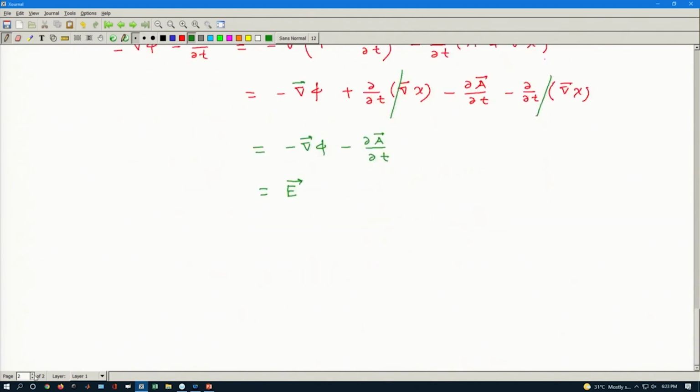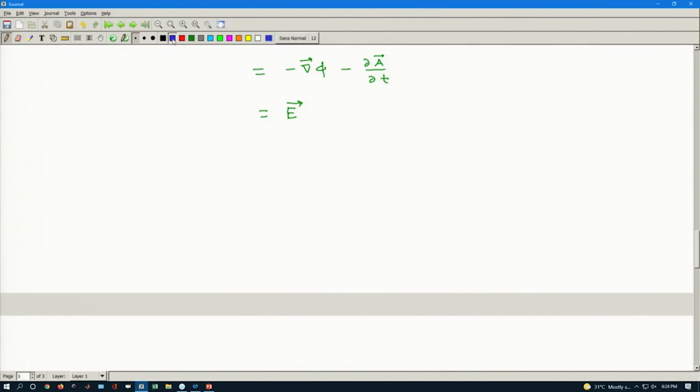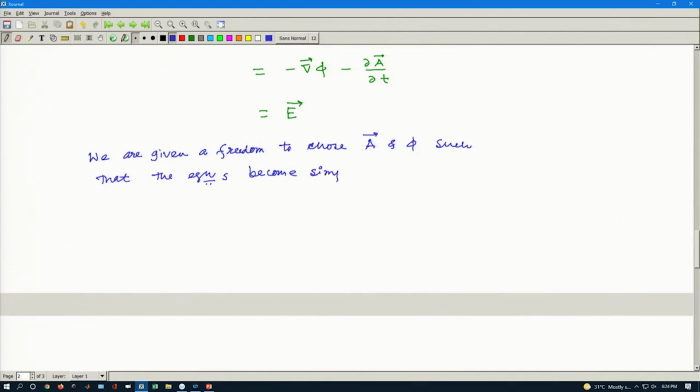So, that means the outcome is we are giving a freedom to choose A and phi such that the equations become simpler. That is the goal.